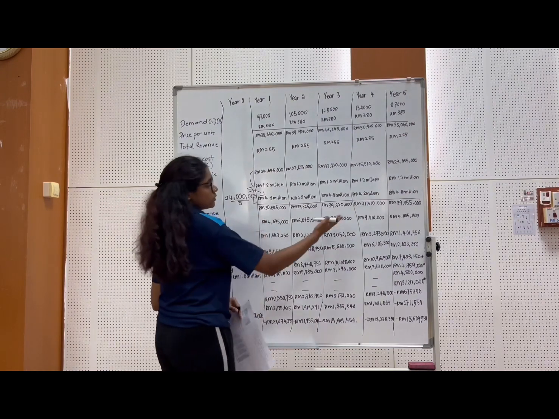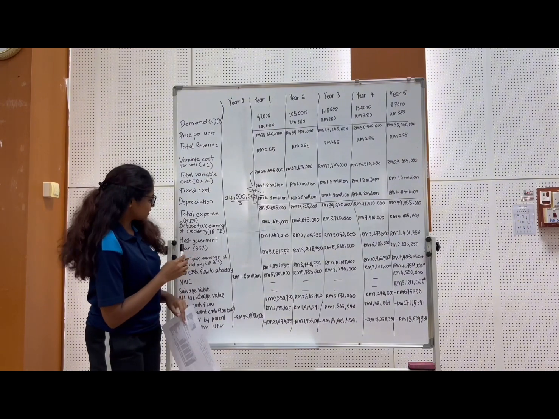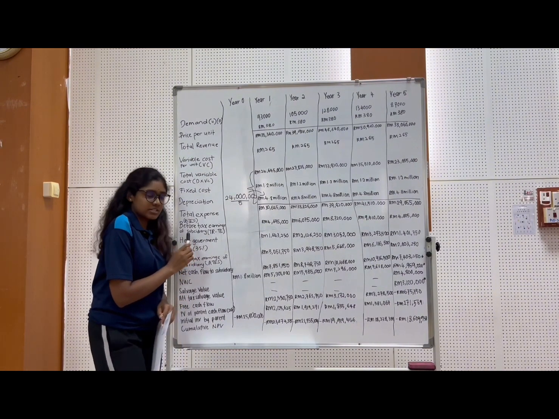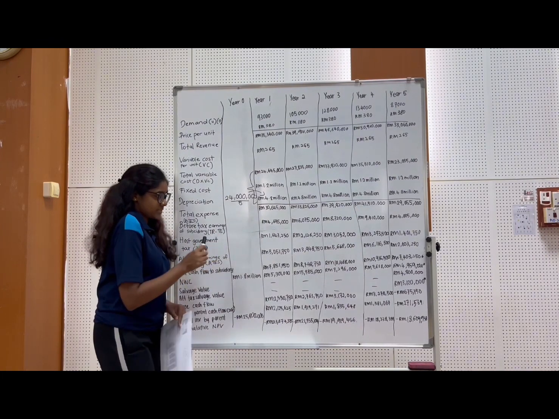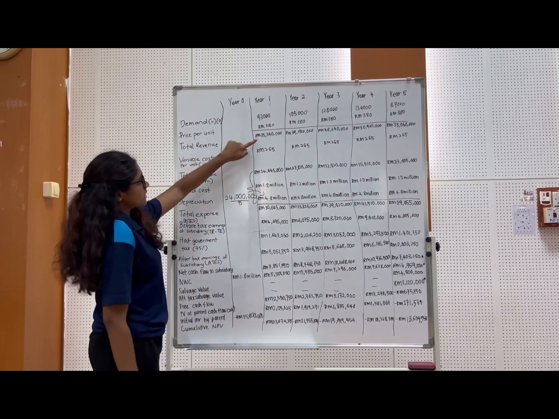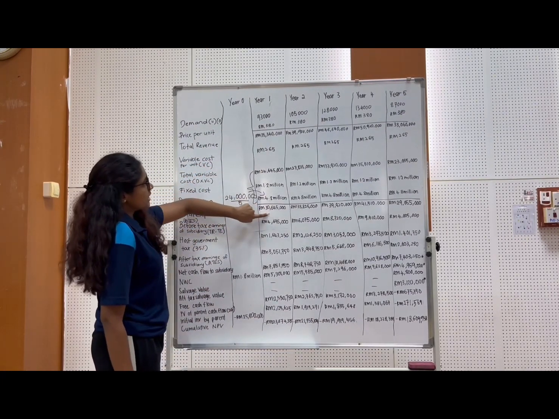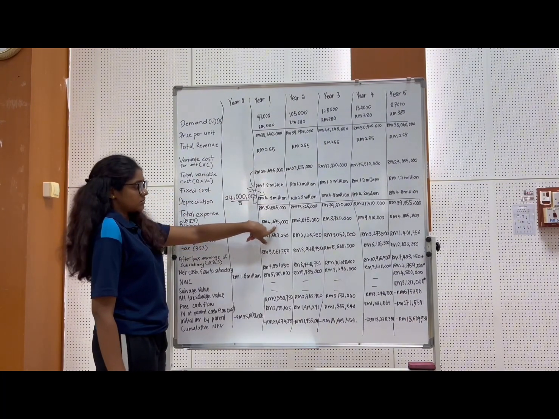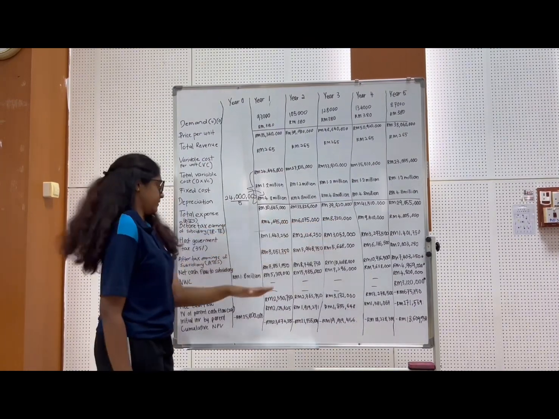So we have to do the same method for the rest of the years. Moving to the next part, which is before tax earnings of subsidiary. To find this, the formula is total revenue minus total expenses. Our total revenue just now is 35 million, so we just minus 30 million, so we will get 4,695,000. Repeat the same step for the rest of the 5 years.